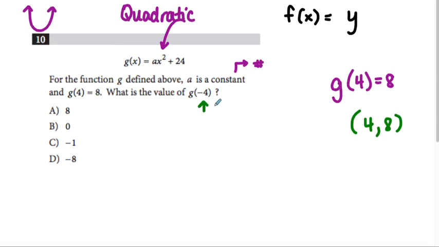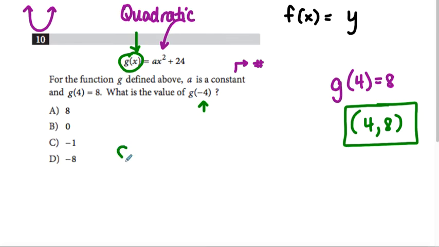Well, there's several ways you can do it. The first one, though, involves that you need to find the value of a before you do anything. So you can use that point 4, 8 and substitute it into the equation. The output is g of x, so 8. The input is 4, so x. And you can find a.